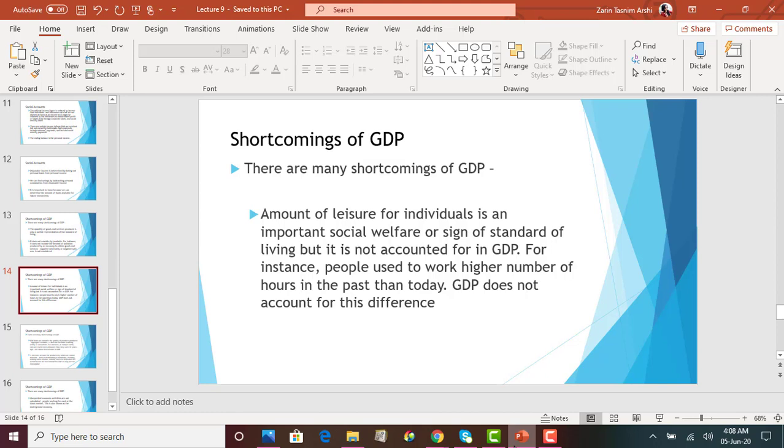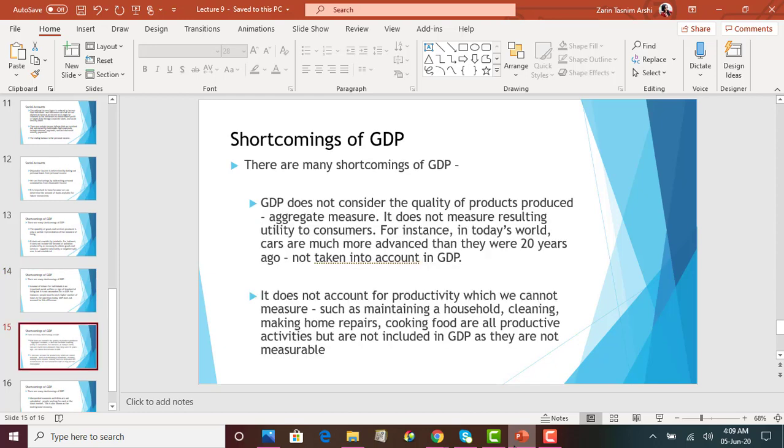That is one indicator of social welfare, or of standard of living, because when you become rich, you probably have more money to go on expensive vacations, and you have more time to take off from your work. So that is a sign of standard of living, right? But that is not accounted for in GDP.